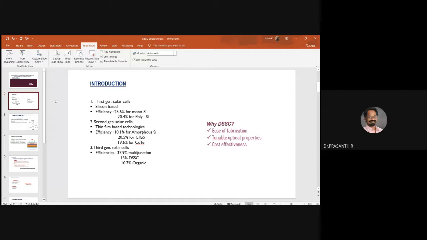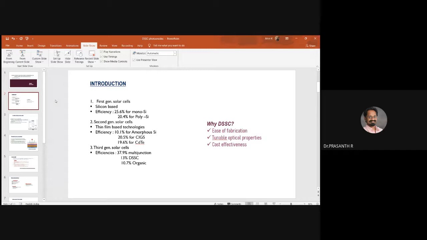And we are well aware of three generations of solar cells. First generation being the conventional solar cell based on silicon. Then the second generation are based on thin film technologies. This includes amorphous silicon, CdTe, etc. And here we are interested in third generation solar cell devices like multi-junction, DSSC and organic solar cells.